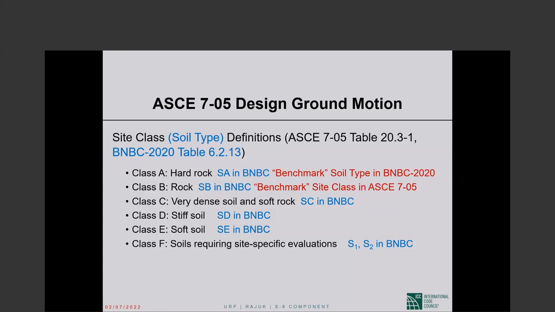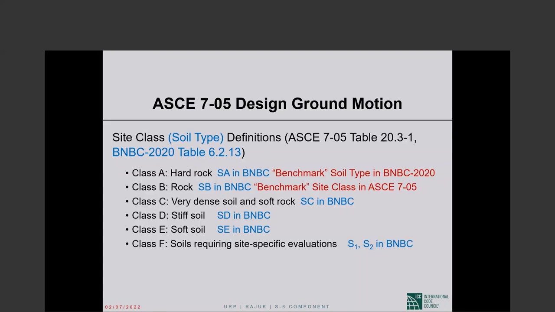Class B is like California rock, softer rock, which is to be found in the newer parts of the United States. Class C, very dense soil and soft rock. D is stiff soil. E is soft soil. F is soil so poor that to be able to design or build anything on it, we need site specific evaluations. Okay, nothing can be generalized about class F soils. We have to go site specific.